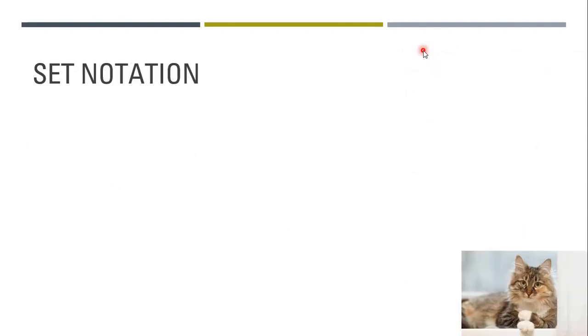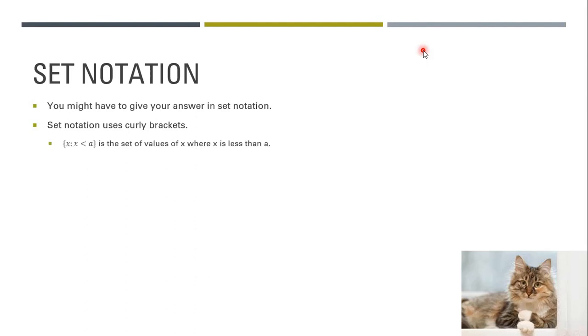Set notation is important for this because you might have to give your answer in set notation. Set notation uses curly brackets. So here's an example. This here is the set of values of x where x is less than a. So if you're not using set notation, you would leave out the brackets and the x colon, and that's the same thing.